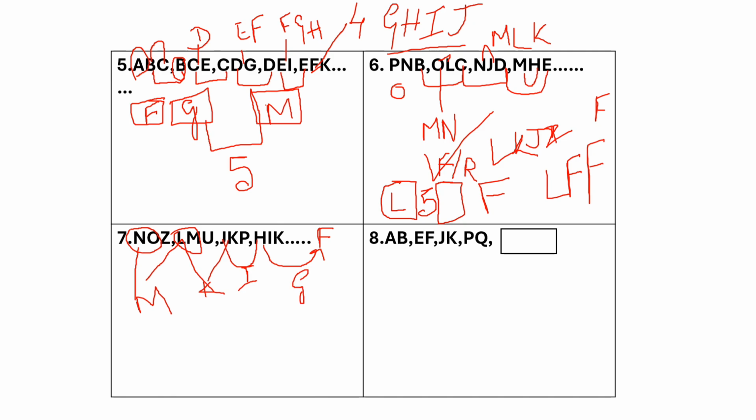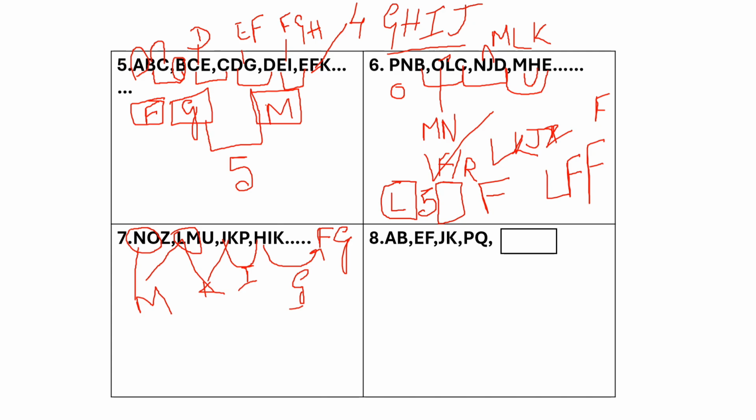We leave G and the next letter is H. Now N-O, L-M indicates it is an immediate next letter. Immediate next letter of F is G. So G. Okay.